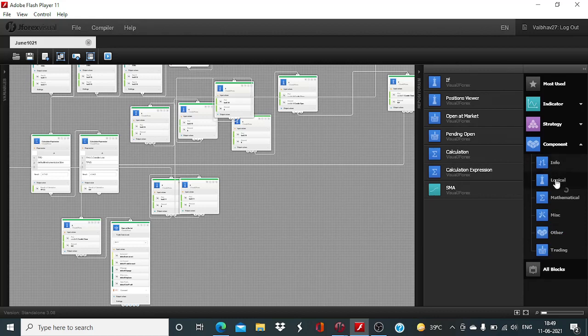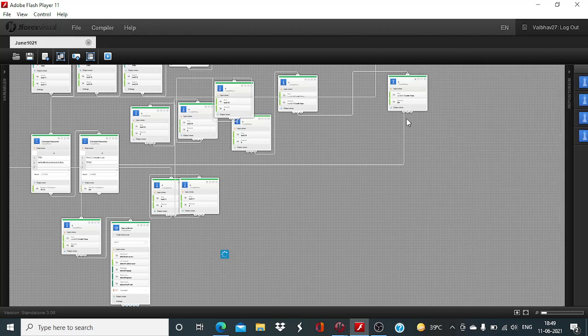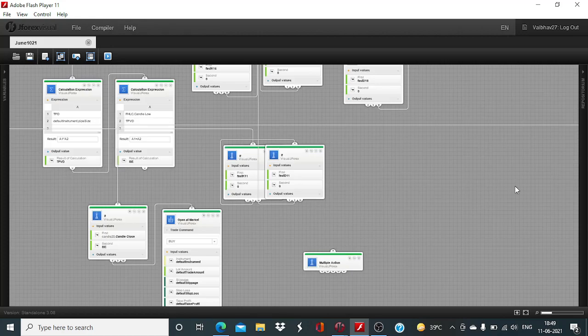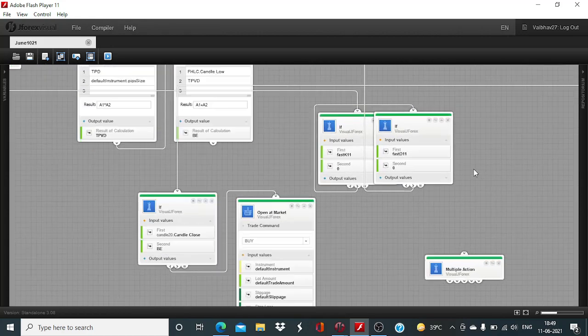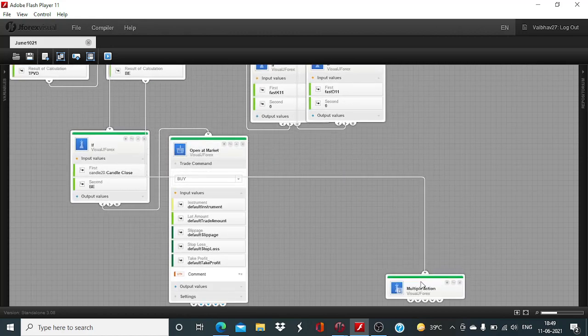A logical block is needed, multiple action. Here it is. For the time being, I will join it here, but when we will be defining the conditions for the sale trade, we will have to disconnect it.